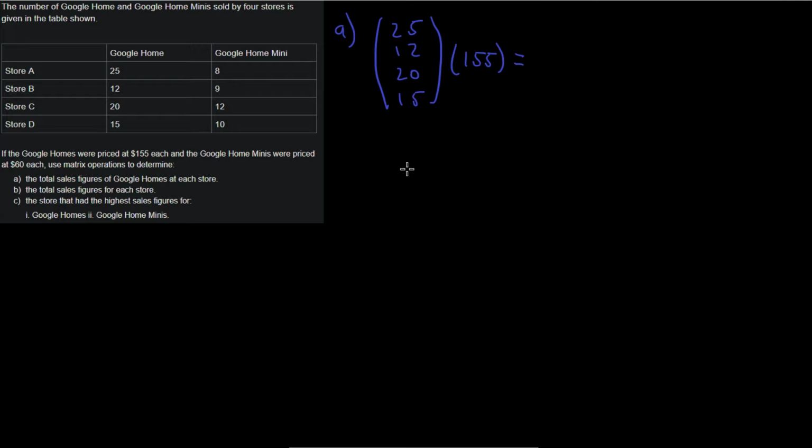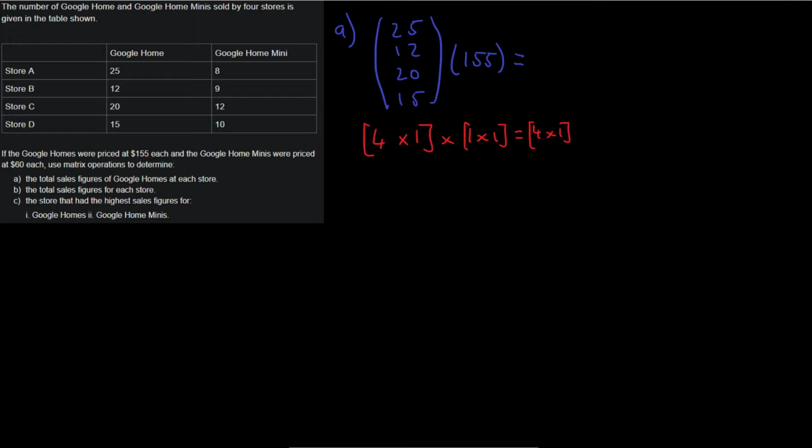Another way you could do this is as a scalar multiplication. This is a matrix multiplication. I've got a 4-row by 1-column matrix multiplied by a 1 by 1 matrix, which is just a single number really. And that will give me a 4 by 1 matrix as an answer.